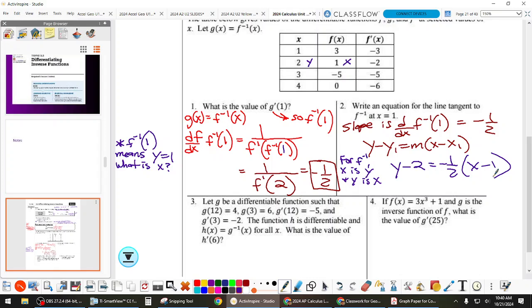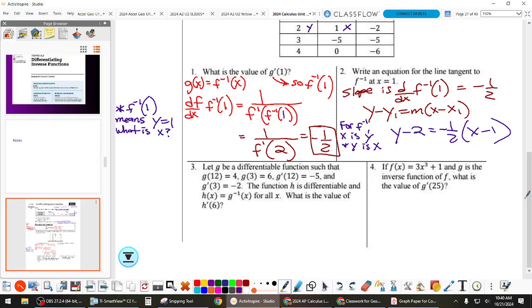Because if we flip these for all these problems, this is going to be f inverse and this is going to be x. Okay, right, I get you. Anyway, how'd that go? It's confusing. I totally agree with you.